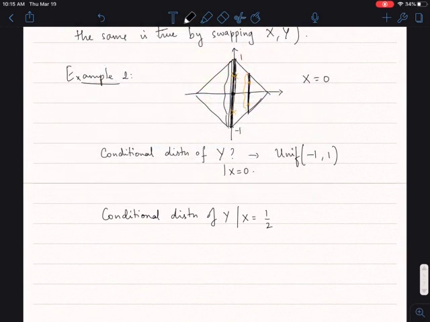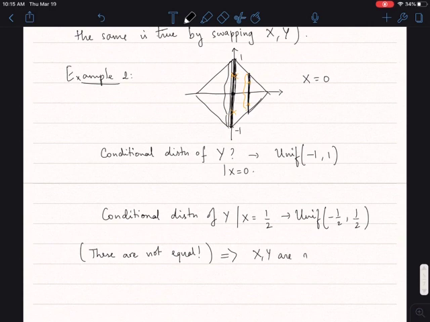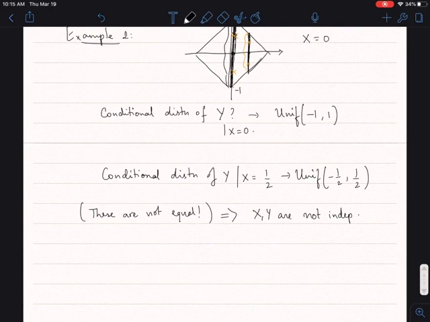Therefore, this conditional distribution would basically be the uniform distribution over minus half to half. Note that these two are not equal. Therefore, x and y are not independent. And in this case you can also ask, what is the marginal distribution of x?